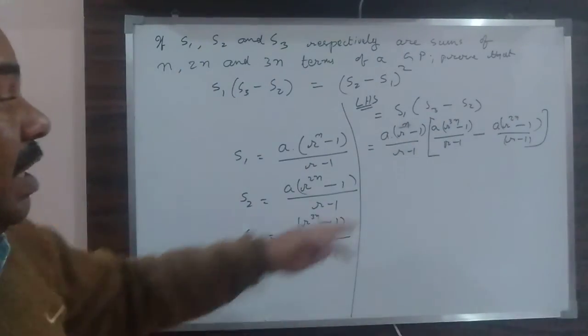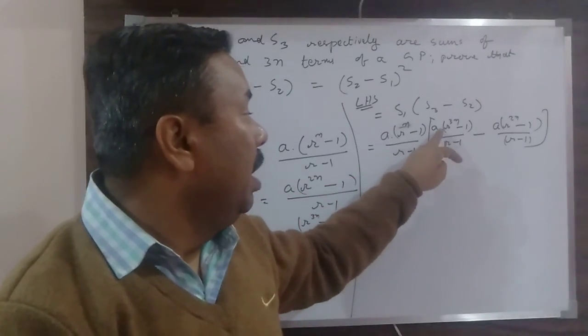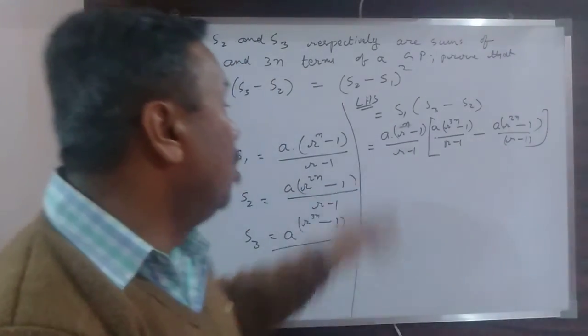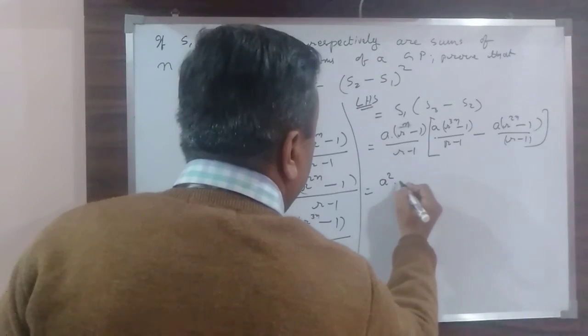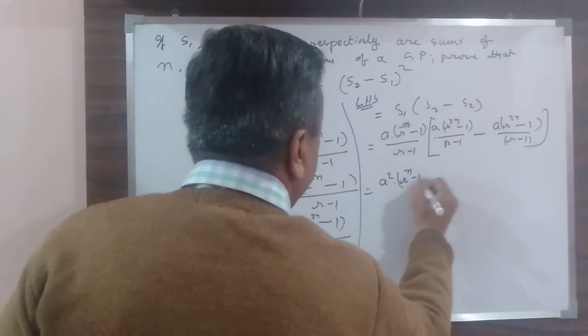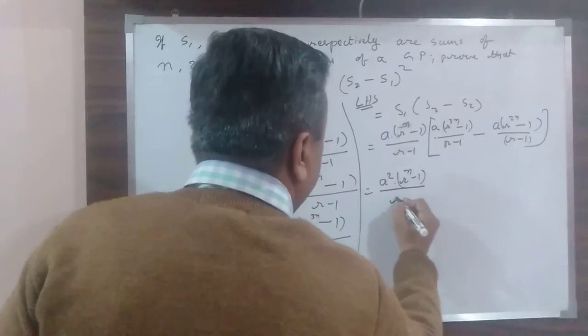Now you see, in these two, if I take out A and r minus 1 outside, what I get is A square multiplied by r raised to the power n minus 1 divided by r minus 1.